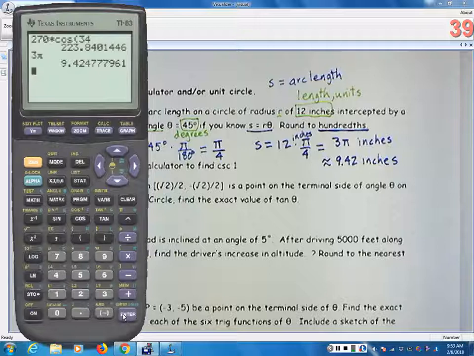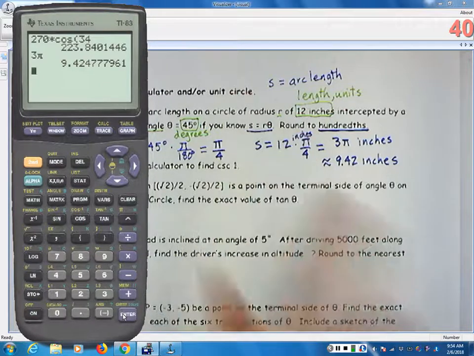Since we're not doing a trig function, the calculator does not need to be in radian mode. It's when we're doing a trig function. We just did a calculation with pi. This wasn't a trig function. We didn't take cosine of this.